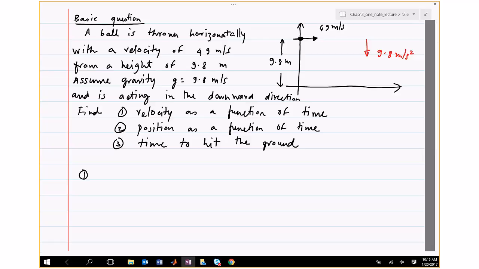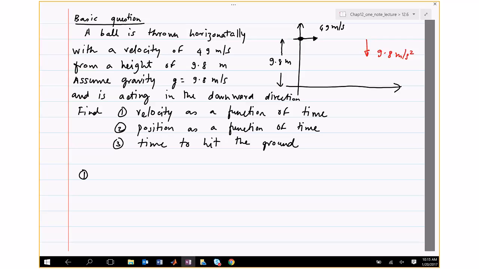How would you try to solve this problem? The velocity would have been 49 meters per second.